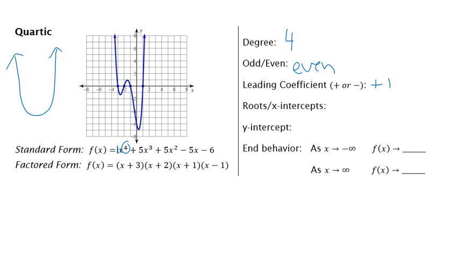The roots I can read off the graph, or I know it's going to be the opposite of what's in these parentheses. So I have a degree 4 and I have 4 intercepts.